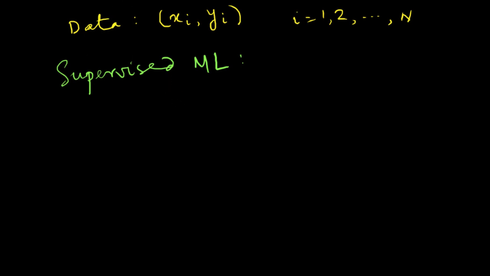So basically what we have is yi is equal to some function h of xi and the parameters theta, where theta is also a vector, plus epsilon i, where epsilon i is the error in the data collection.